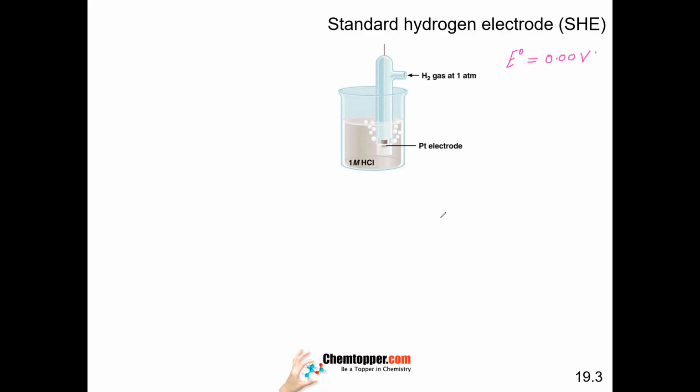What is the setup? The setup is like this. Check here. There is hydrogen gas which is bubbled in a solution of 1 molar hydrochloric acid. This is the definition of the SHE.